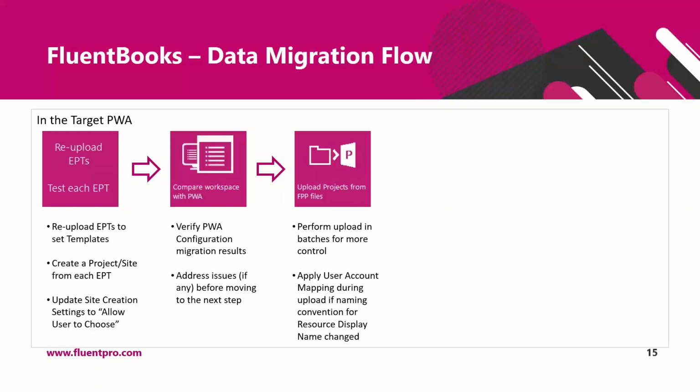On each machine, one upload thread will be running, because during project upload, FluentBooks interacts with Project Professional, and only one instance of Project Professional can be running on a single machine.